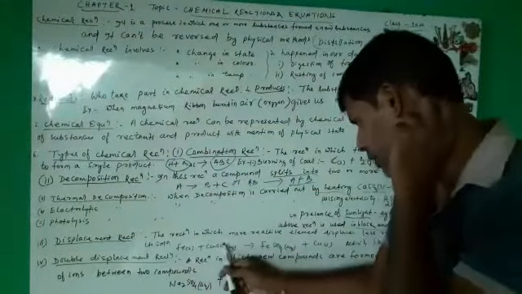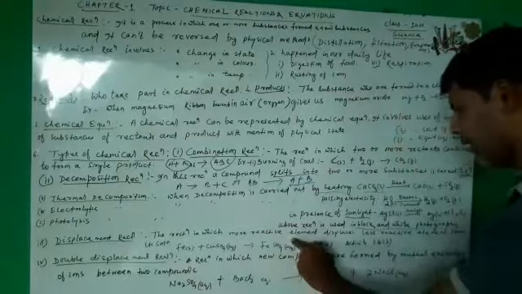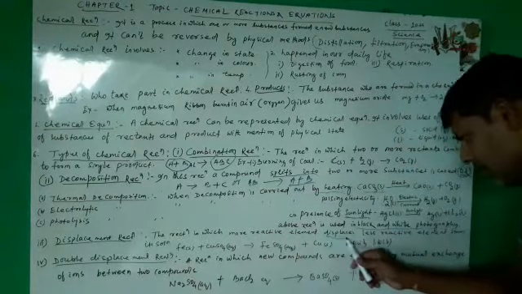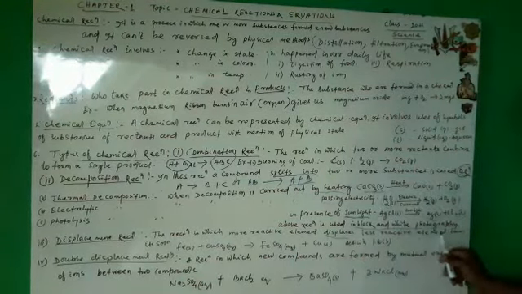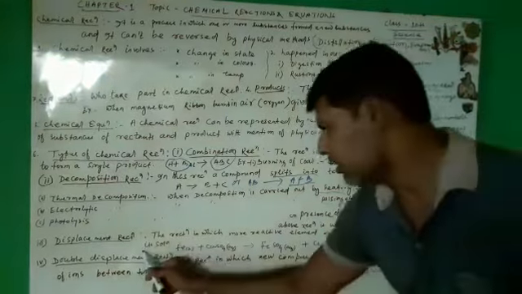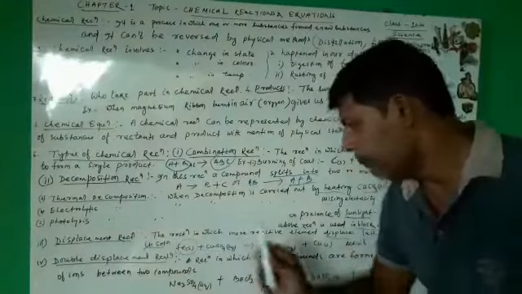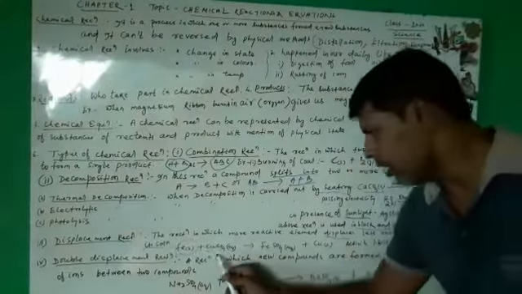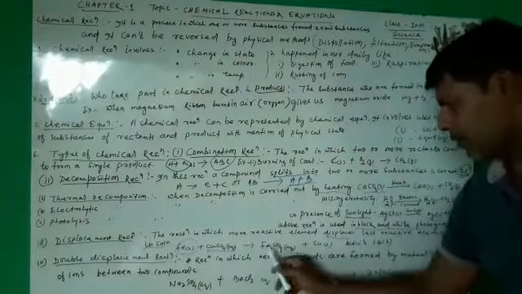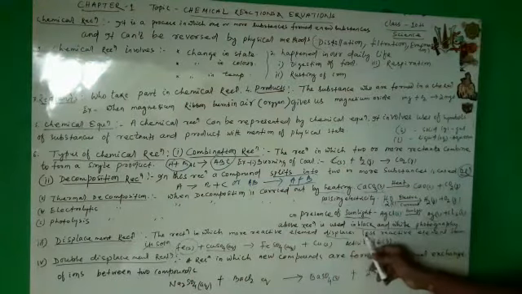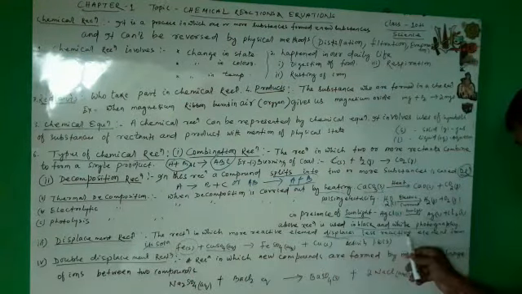And third one, your displacement reactions. What is displacement? The reaction in which a more reactive element displaces a less reactive element from its solution. Example: iron plus copper sulfate gives us... I have told you, it displaces the less reactive element.